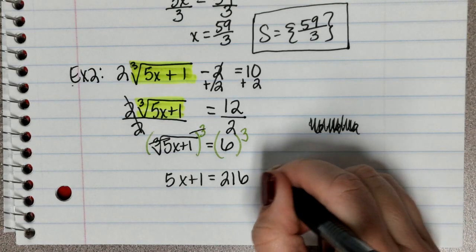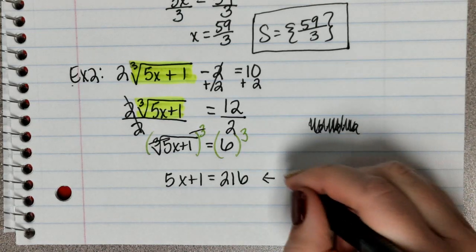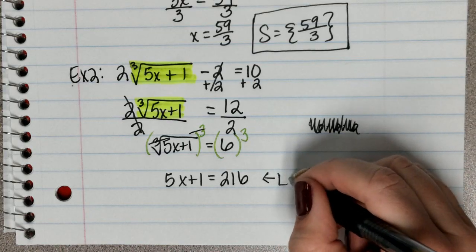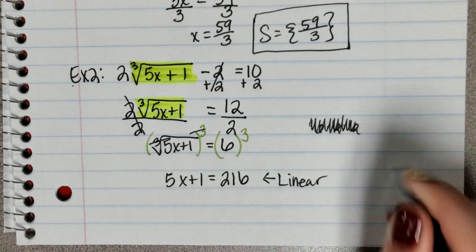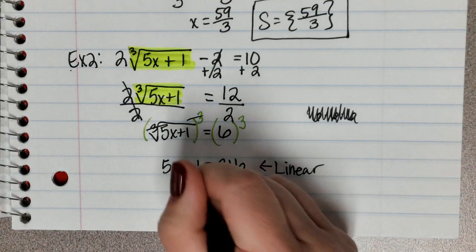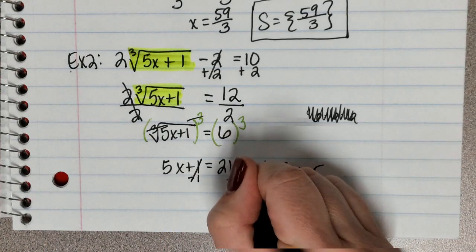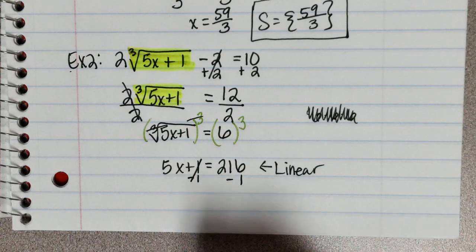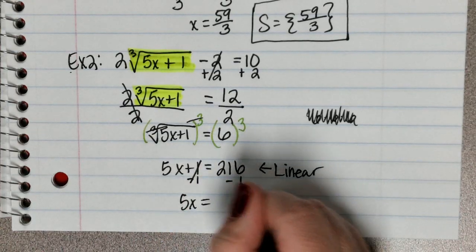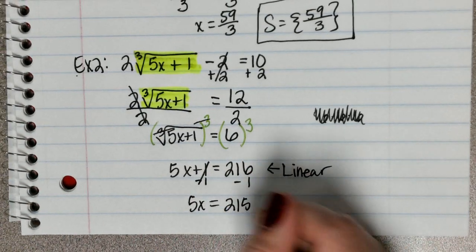Okay, and this only has a power of 1 on our x, so this is linear. So we just get x by itself. 5x equals 215.